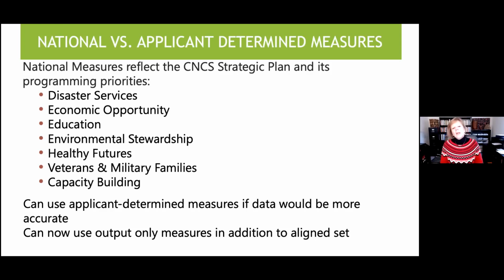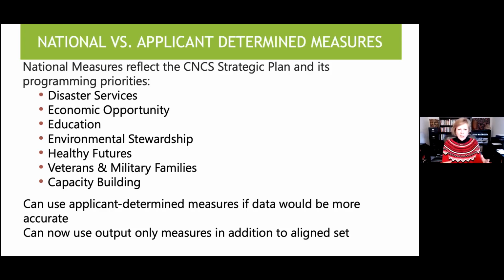So I'd say for most programs, you can almost always use the output measure that is the national measure, because you're counting people served. So like if it's an education program, ED1A, number of individuals served, pretty much everybody that's doing education can use that.